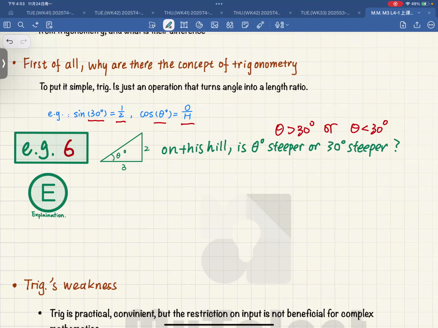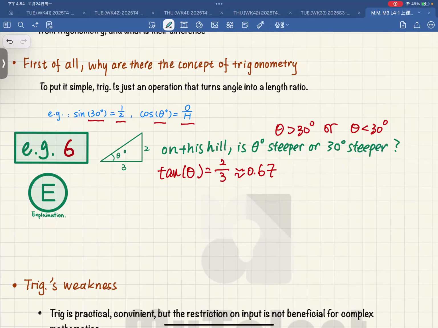Tangent, good. Tangent theta is equal to 2 over 3, which is approximately equal to 0.67.